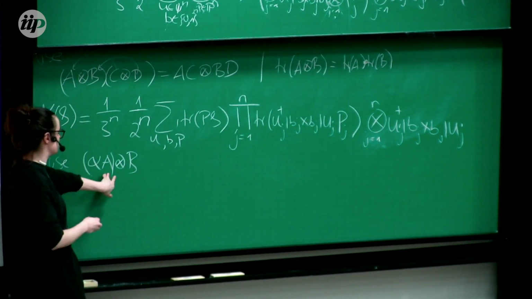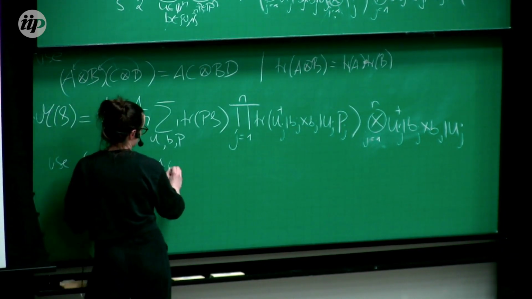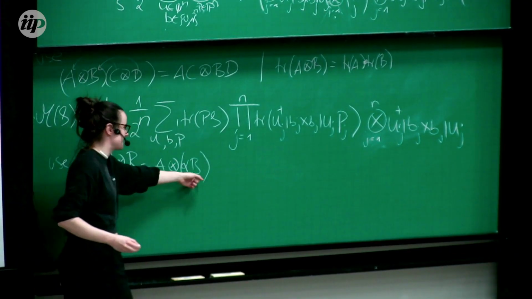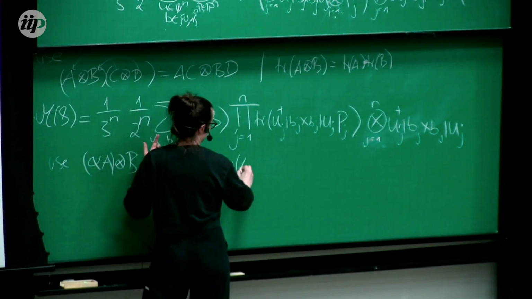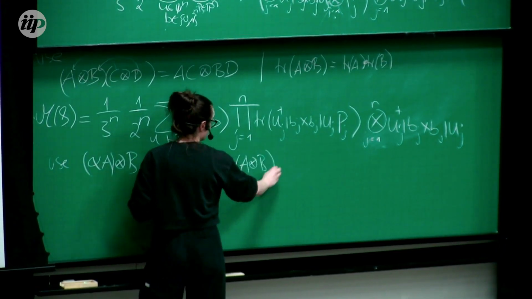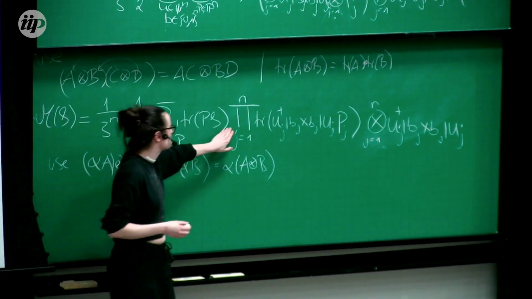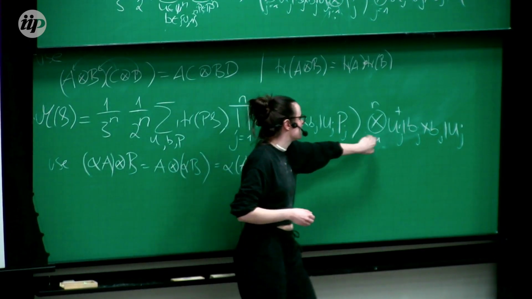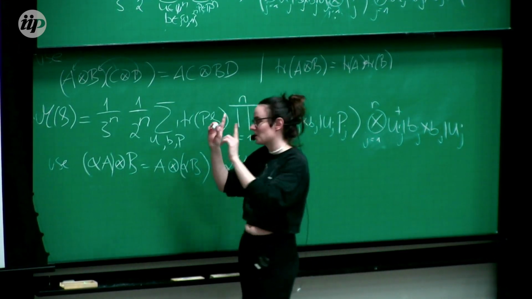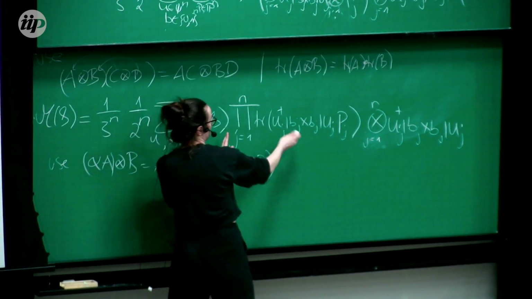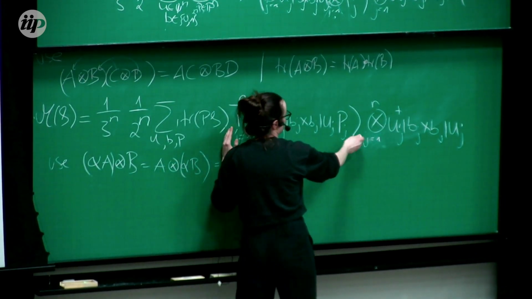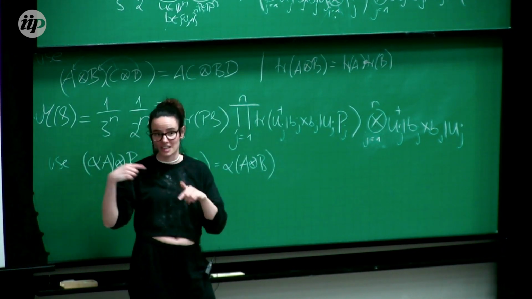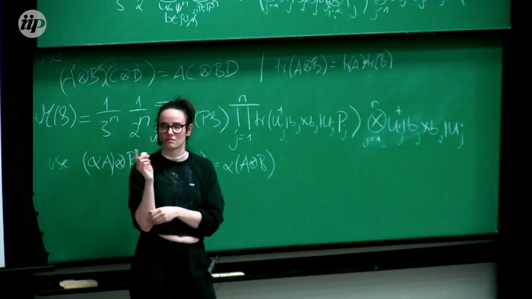So alpha times A tensor B is the same as A tensor alpha times B, the same as alpha A tensor B. Here we have just numbers, a product of numbers, and here we have a tensor product structure. So we can pull in this whole product and let the tensor product take care of the product of our jth qubit's factor.